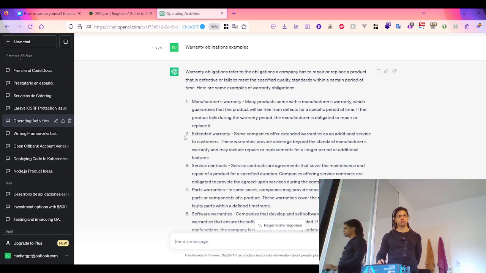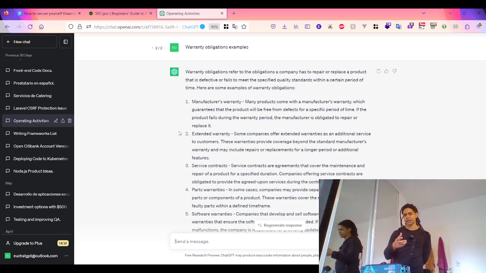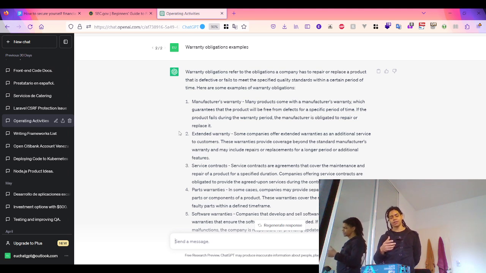It is an obligation that a company has to fix or provide or replace a new product that is defective or doesn't meet certain quality standards.